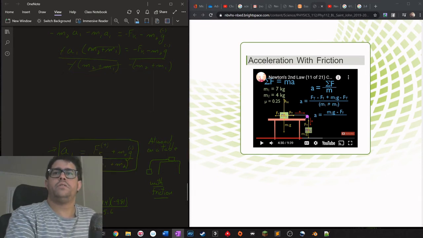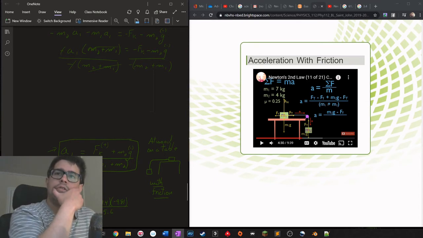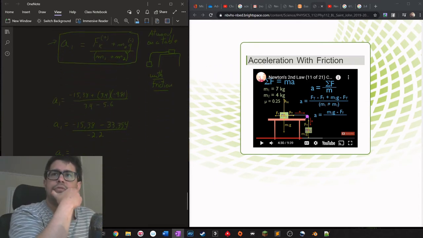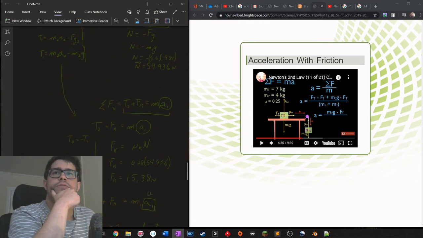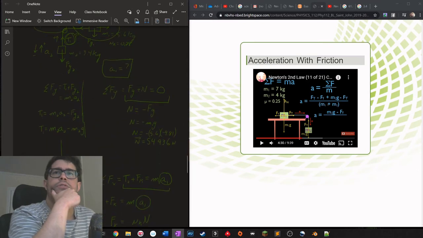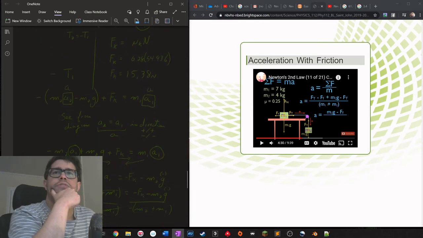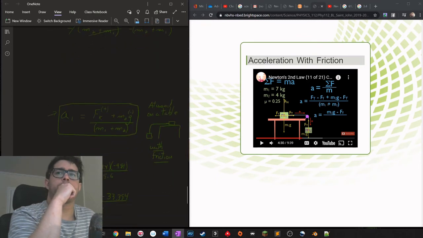So this would be the formula. Let's try it out. So FK would be positive 15, right? What did we find for FK? We found positive 15.38. And it is positive because it's going right.